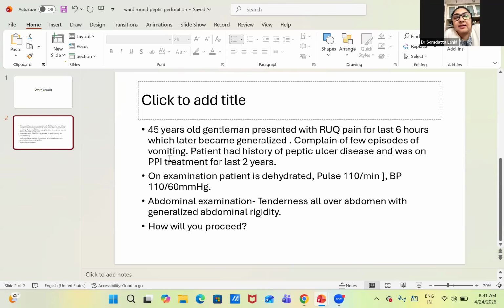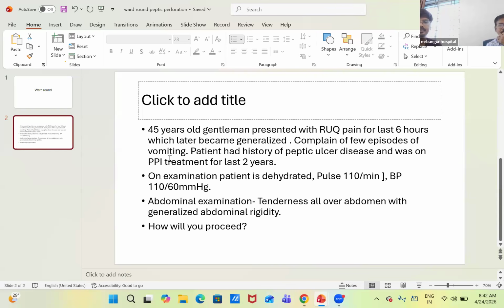You can ask whether he is on any chronic medication. Yes, ma'am. Any chronic medication. There are many medicines which can precipitate acute pancreatitis. Yes, ma'am. So, okay, what else will you ask or how will you proceed?